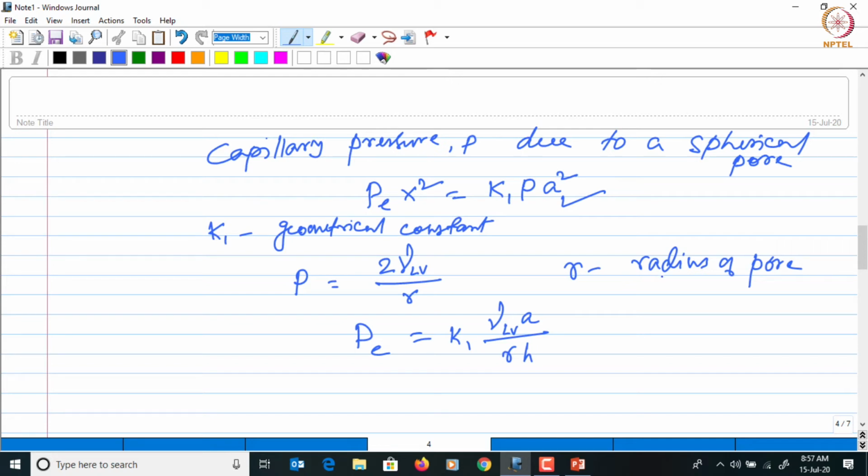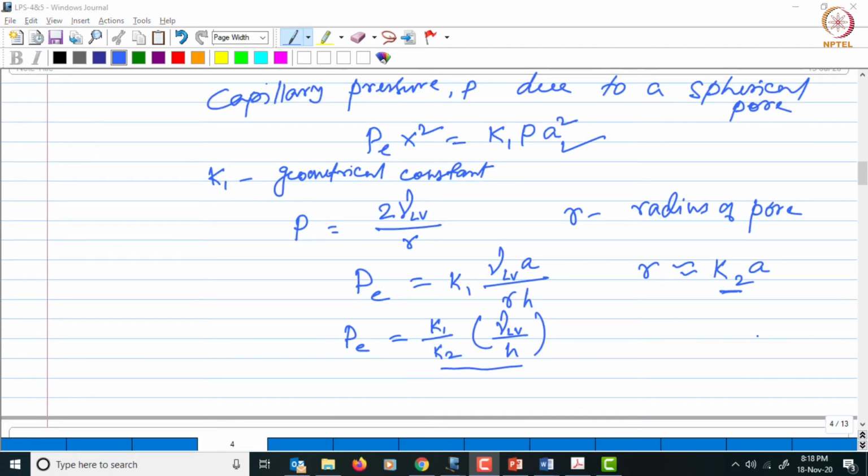Now, assuming that the radius of the pore is proportional to the sphere radius, that is R is proportional to a, or if you introduce this constant, R equals K2 into a, and from there we get P_E as this.